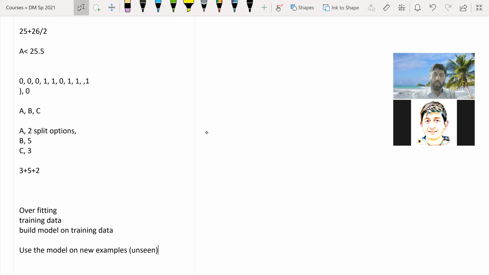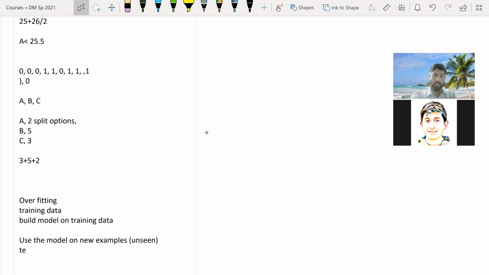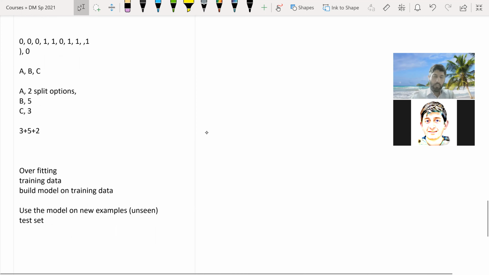And the set of all such unseen examples, we usually say that that is the test set. That is a set of all unseen examples. So obviously, you will have two performances. If you run the model that you have learned from the training data set over the training data set itself, you still get an error.